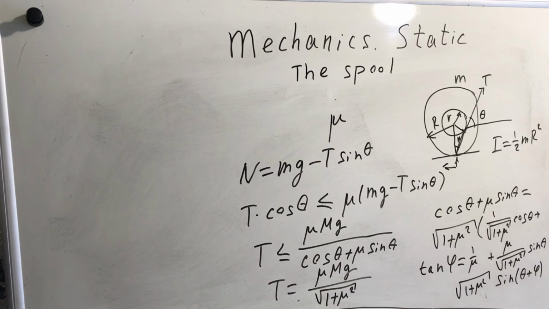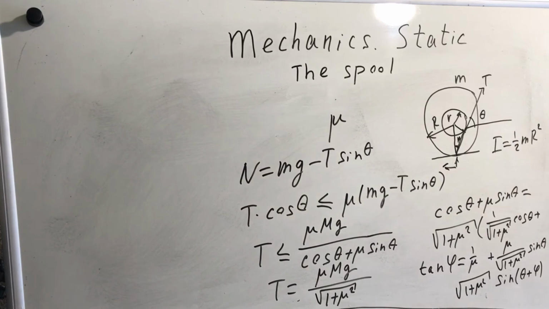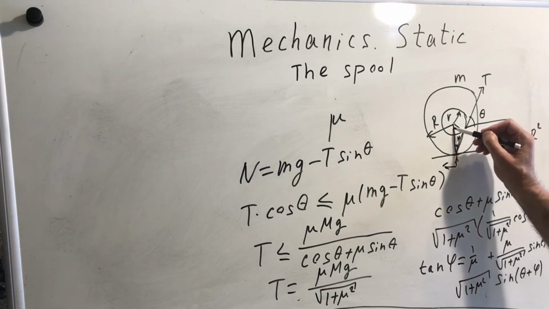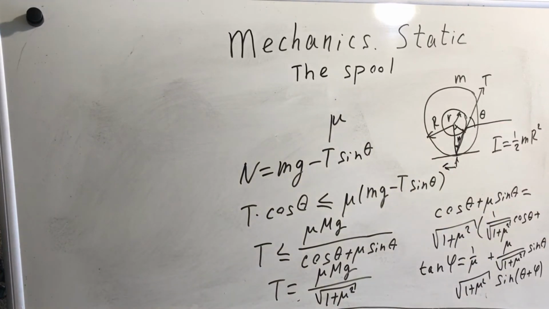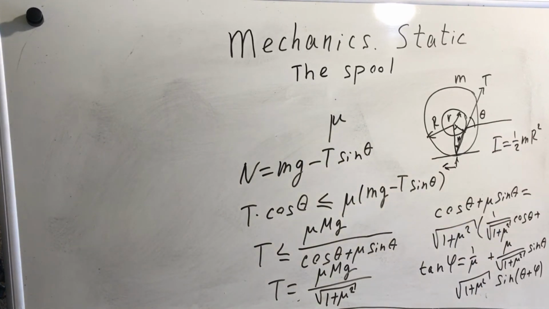So it means that the tangent for this angle is equal to mu, and the tangent is this one over the small radius.